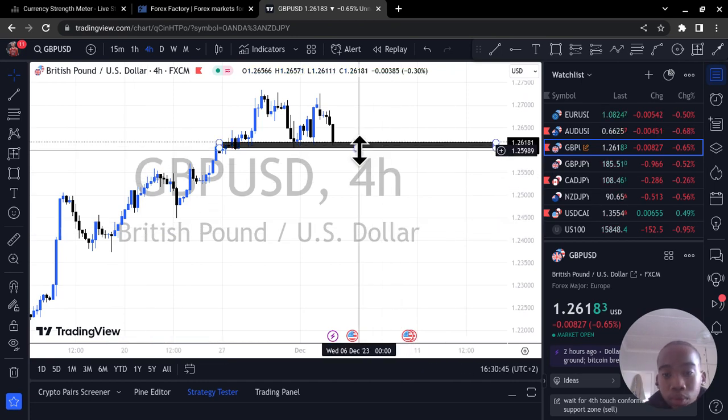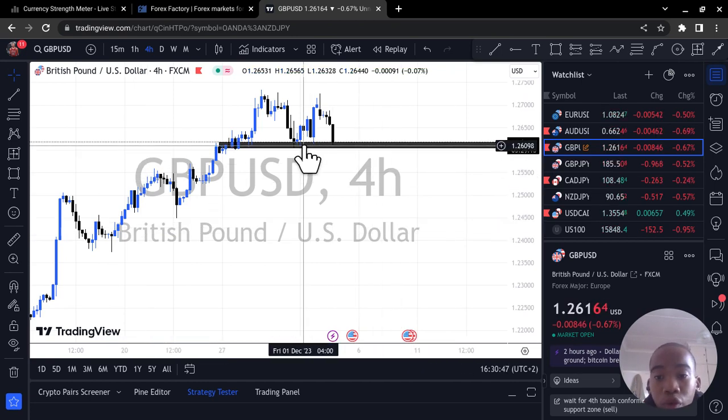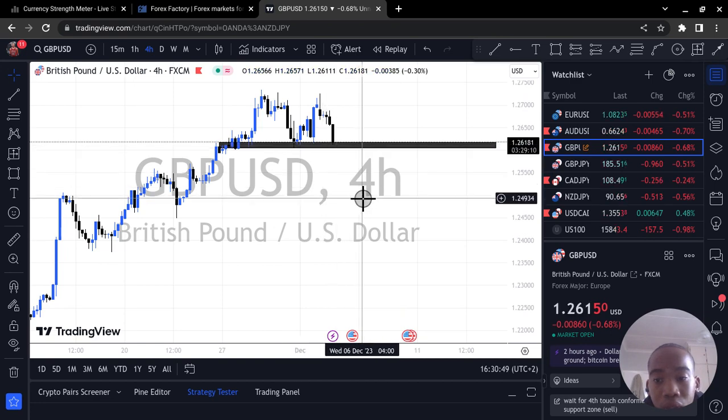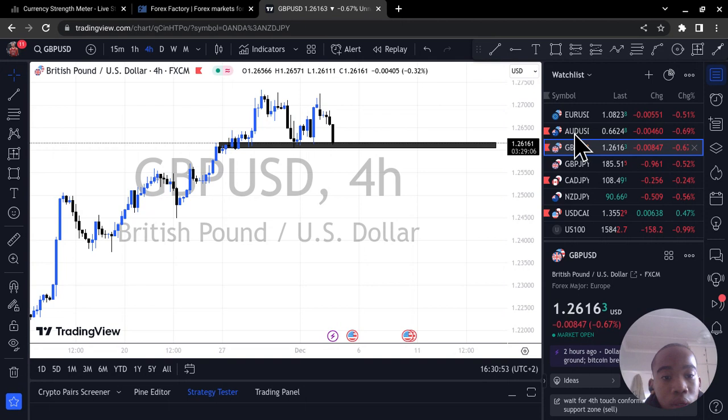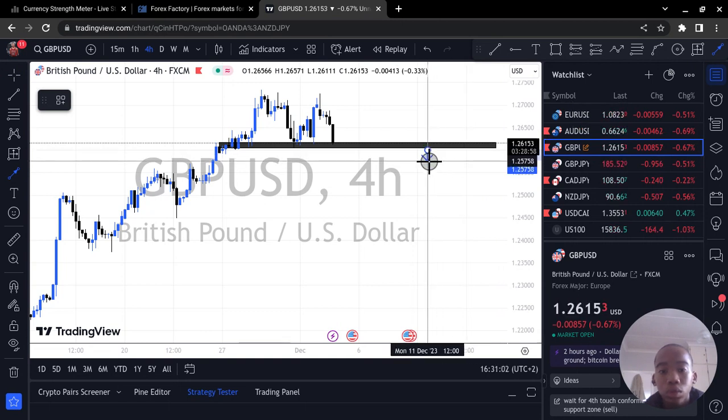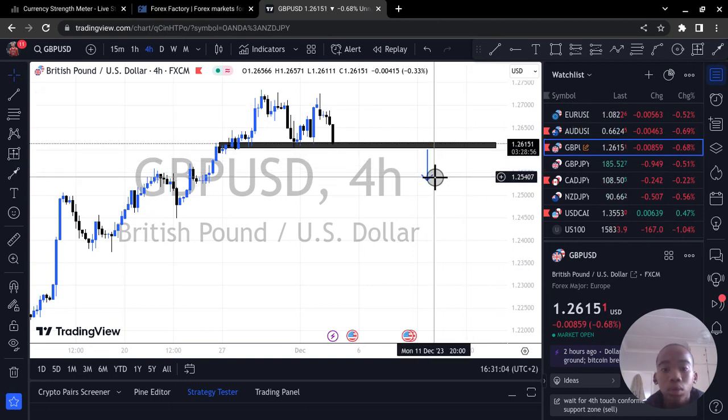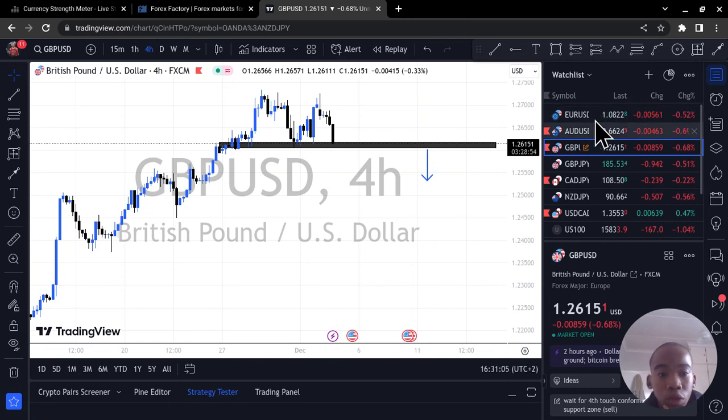So I'd be waiting for price to make an indication to the downside, or correct itself and continue to the downside, right? But let me just have an arrow pointing at what I wanted to do, right? Then we'll move to another currency pair.